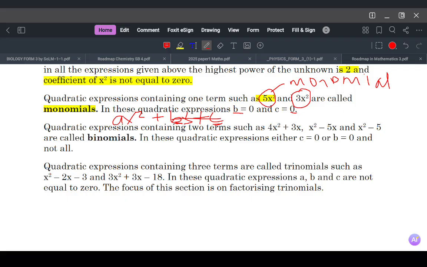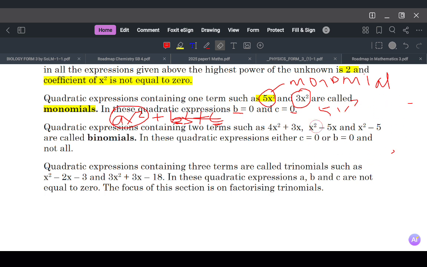So in the end, you have only ax squared. In 5x squared, a is equal to 5. Similarly, in 3x squared, a is equal to 3. But b and c have collapsed to 0.